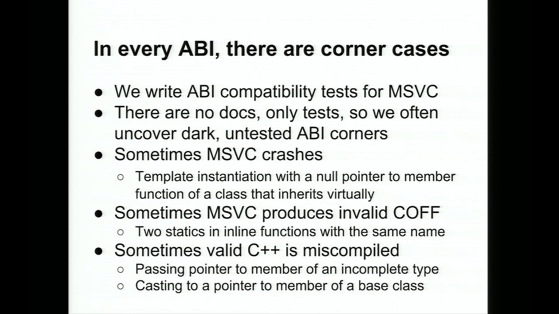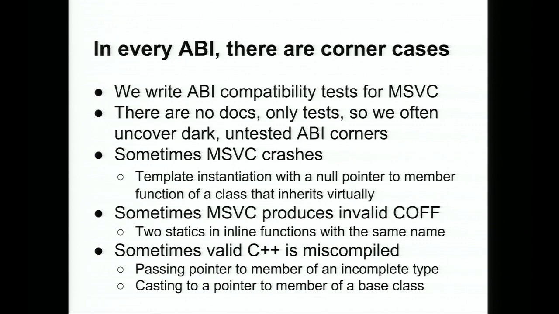But in the process of adding compatibility for this ABI, you always end up hitting corner cases because we're trying to write a compiler that's compatible with something that exists. We don't have documentation. The only thing we can do to figure things out about the ABI is write tests. And so I think it's possible that we end up writing more tests than the people who are actually implementing this in the first place, because they were taking user code and running that, and that's a certain kind of code. And then if you're a compiler writer trying to write tests to figure things out, you write different kinds of code.